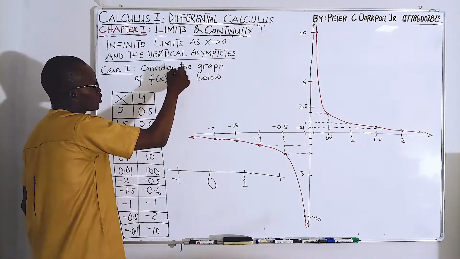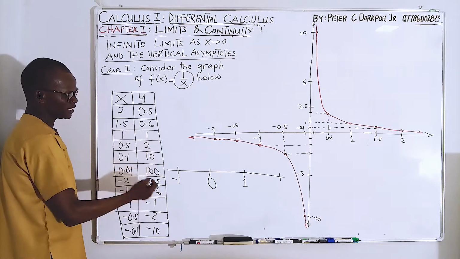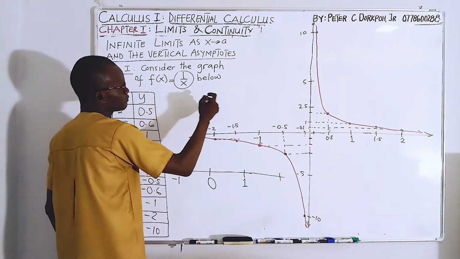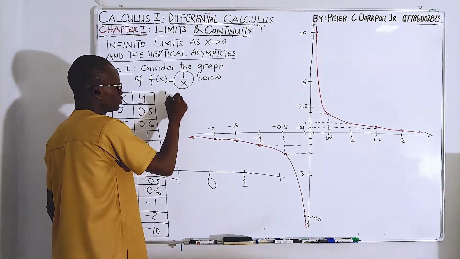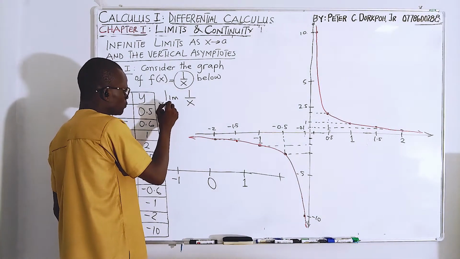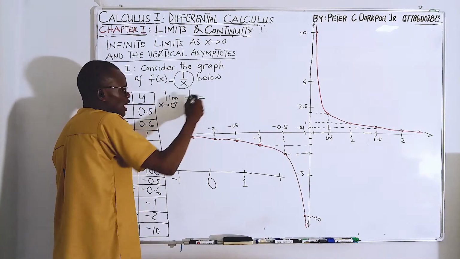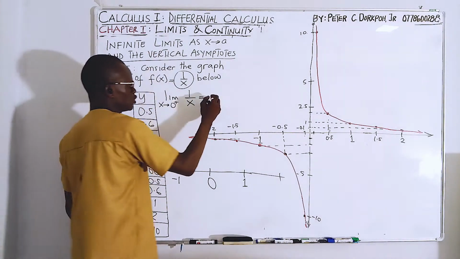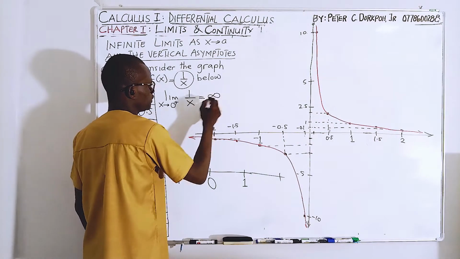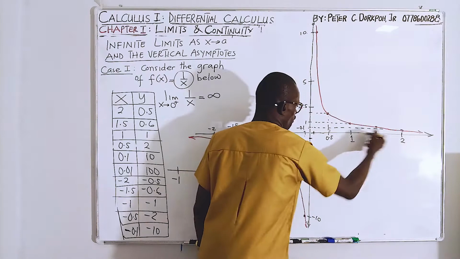The entire function 1 over x will be increasing. We can explain that using a limit. The limit of 1 over x, as x approaches 0 from the right, will be increasing, approaching positive infinity.